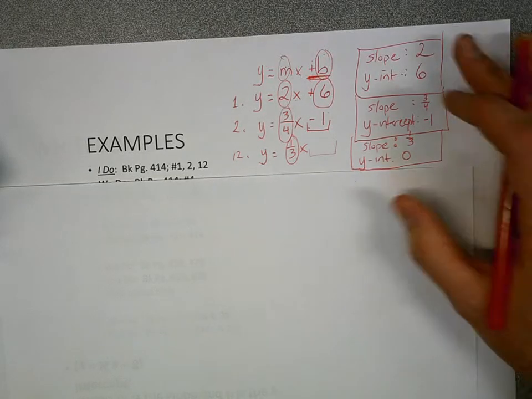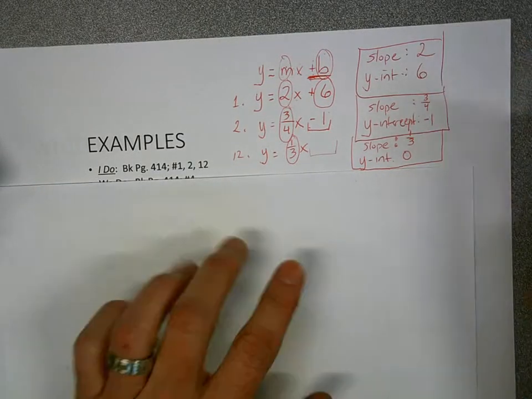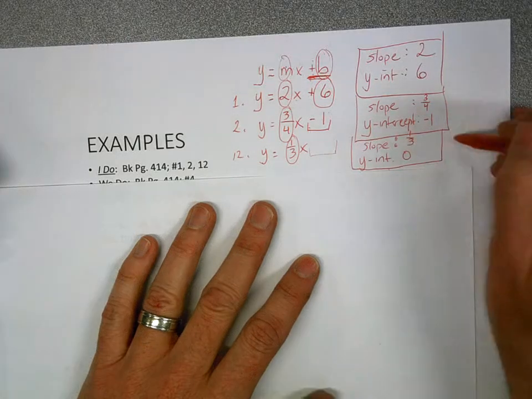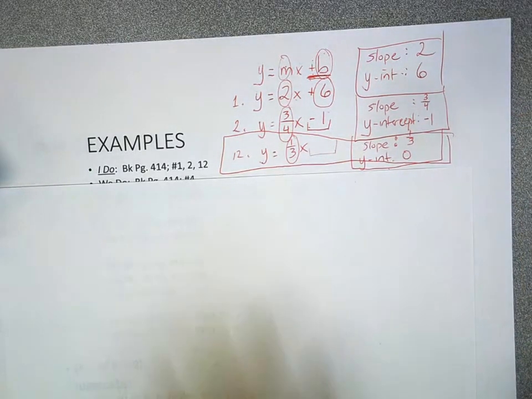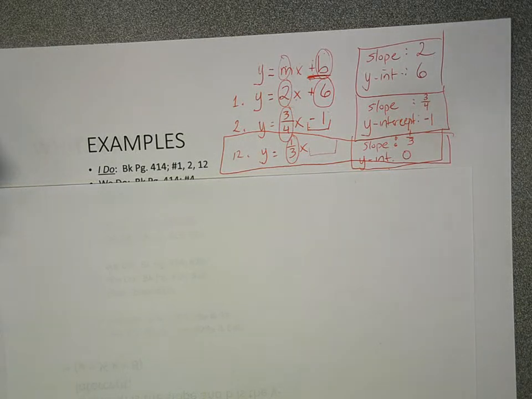So here's what I'd like you guys to do: number 12 is part of your homework. So I'll give you about 30 seconds. Just go ahead and copy that down really quickly, and then we'll move on to the main part of our lesson.